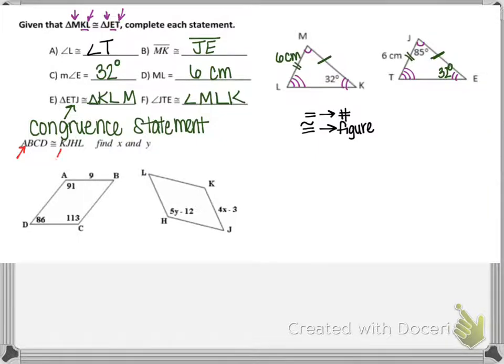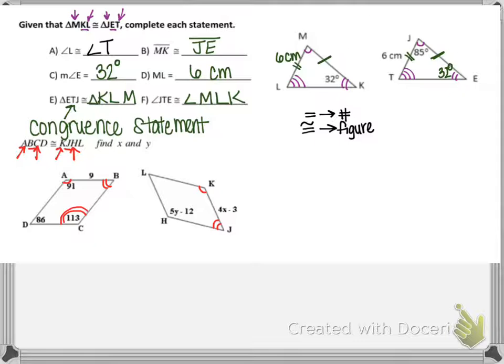So I've got A and K. Those come first, so those are congruent. Alright. Then I've got B corresponding with J, so angle B will be congruent to angle J. C and H match up.